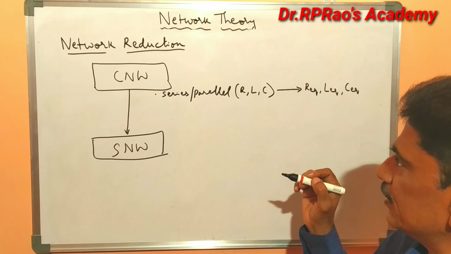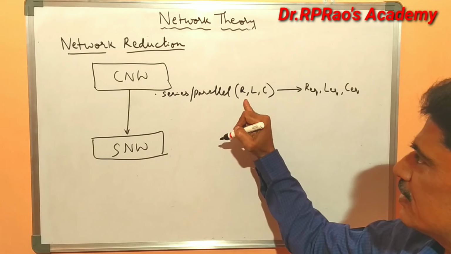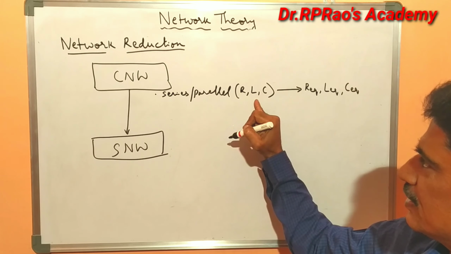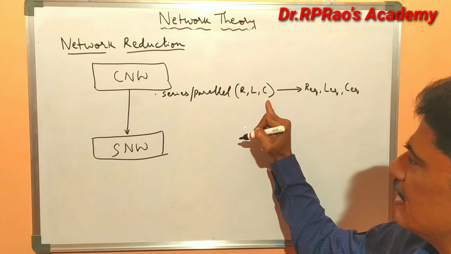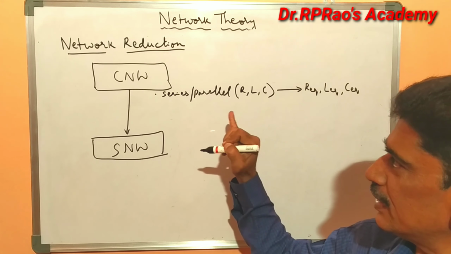In this method, we will see the series combination of resistances, inductances, and capacitances, and then the parallel combination of all these. Okay, this is the first method.